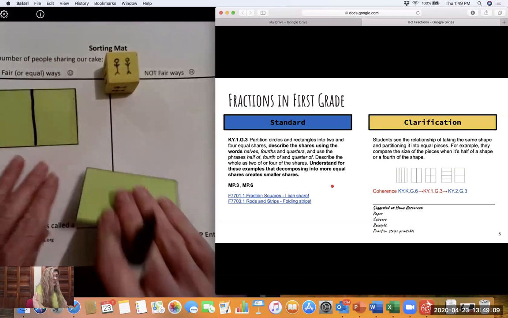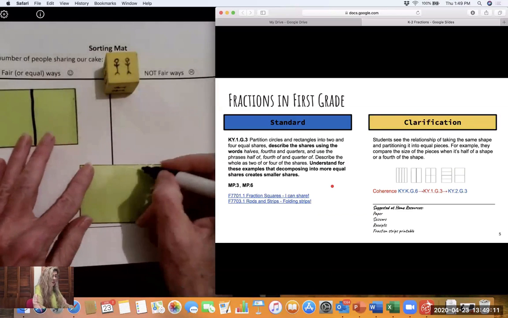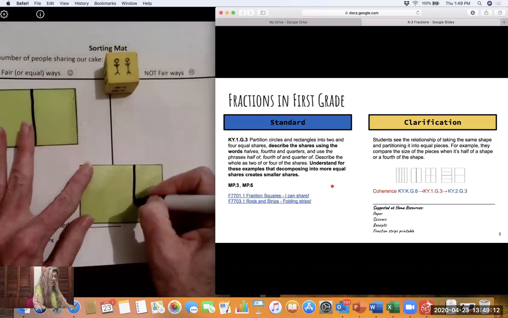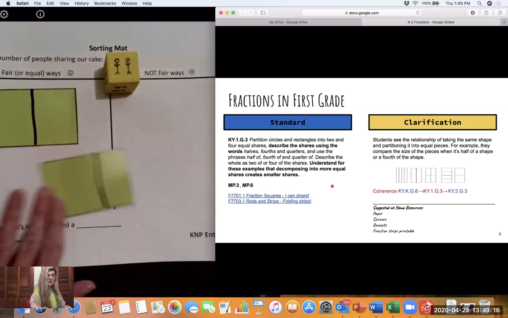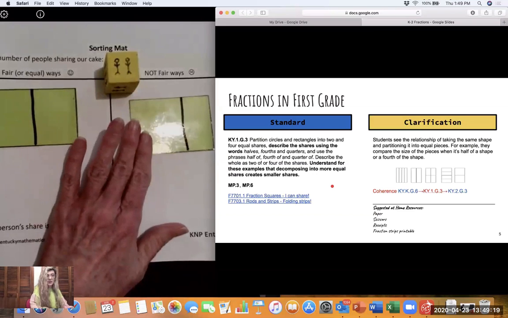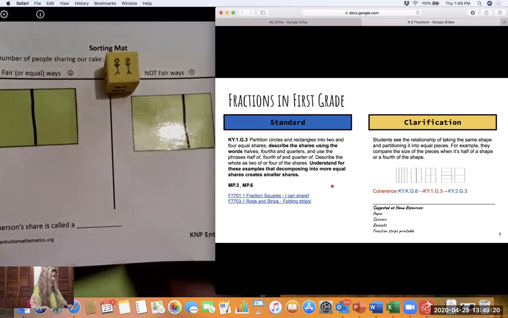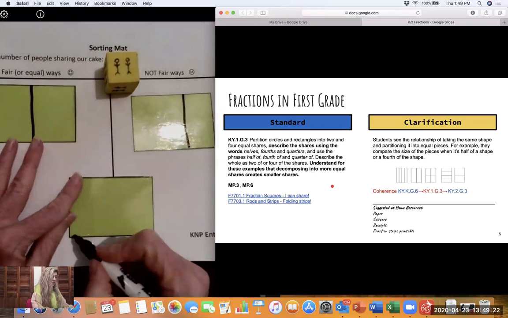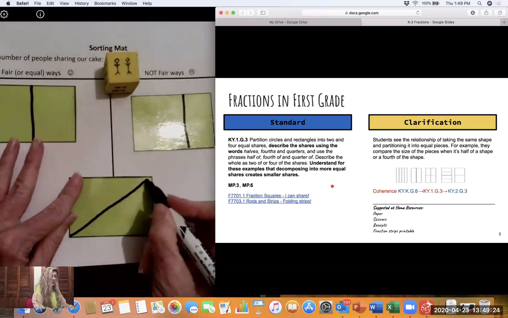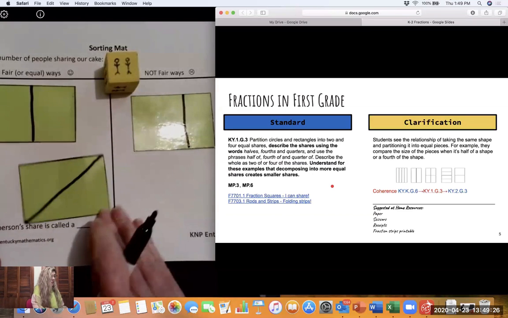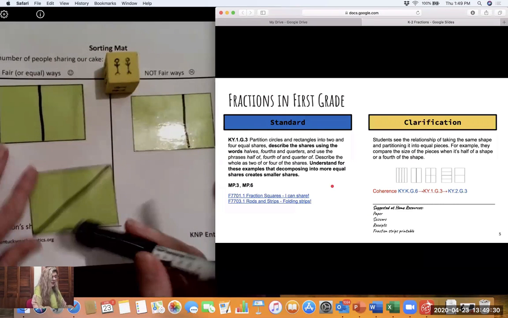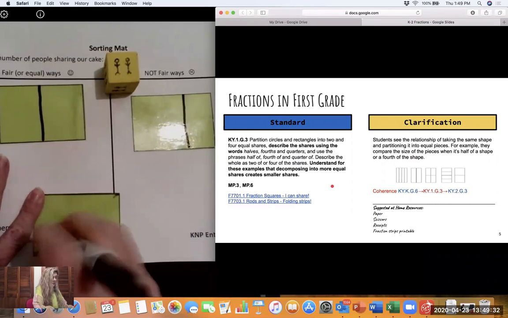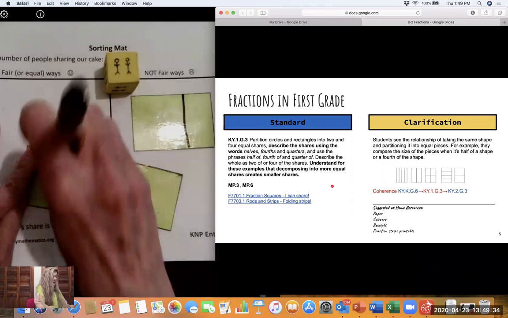And then, of course, sometimes the kiddos may have a hard time with that, understanding fair share. And you may get something like this, and you have to decide, okay, where are we going to put that? I'm going to have to put that one over here because that's not a fair share. And, of course, there's always those non-traditional ways of sharing with a fair share. It's not always the traditional way that we think about it. Great activity for the kids to do. Just putting things into fair shares.